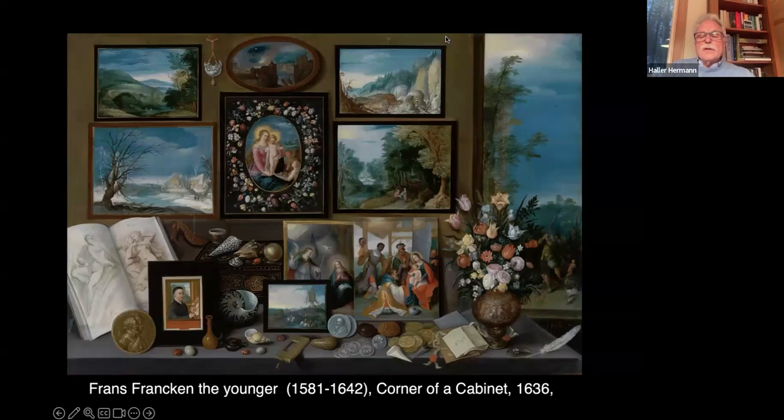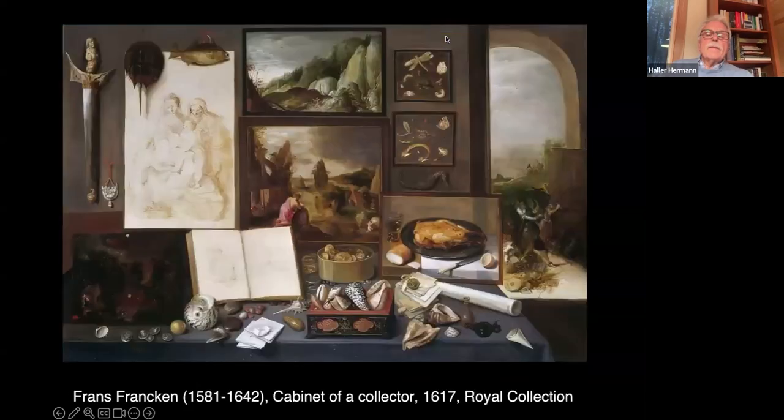You can see here the flower still life, and you can also see why Franz Franken is so famous, because his flower still lifes were also extraordinary. A third one, and I think with that you have been introduced to a variety. You can see that a couple of features come back again.